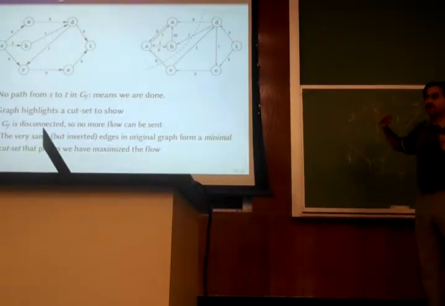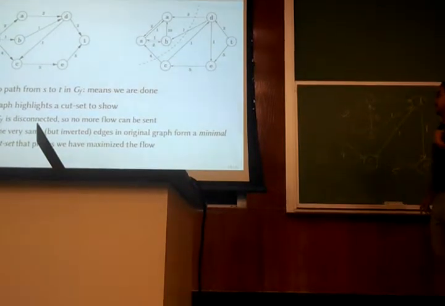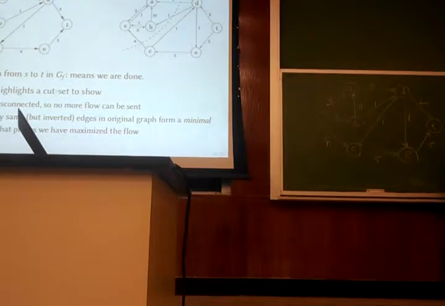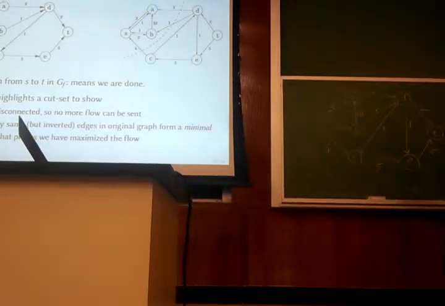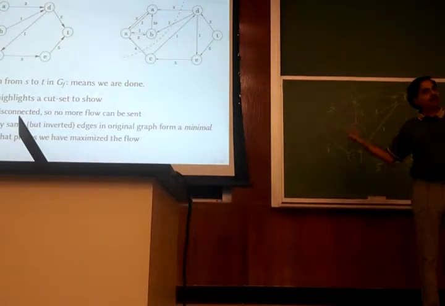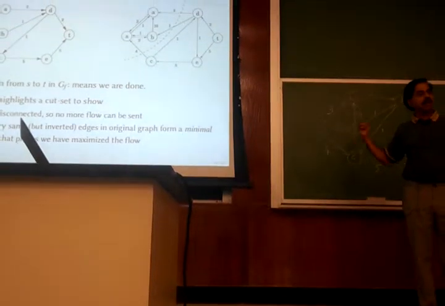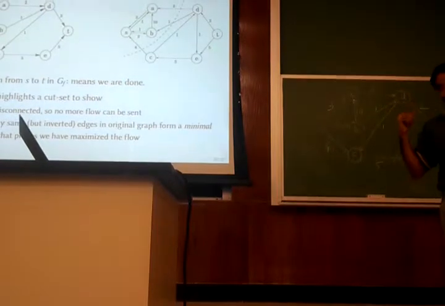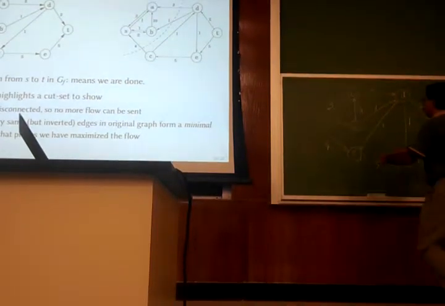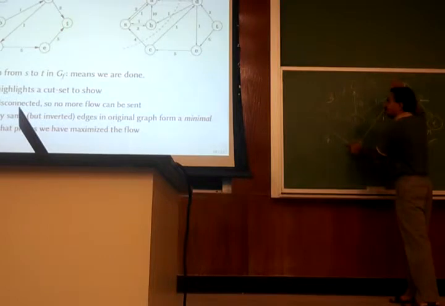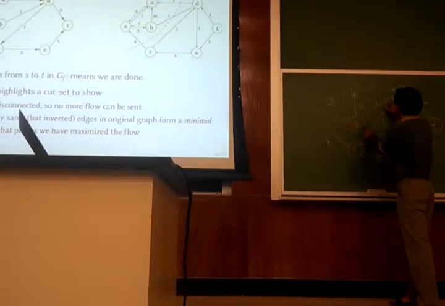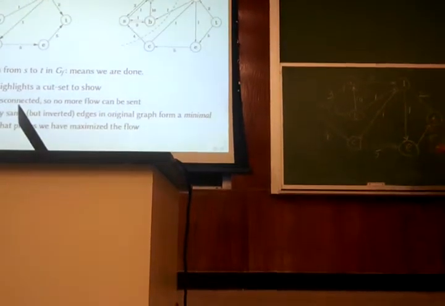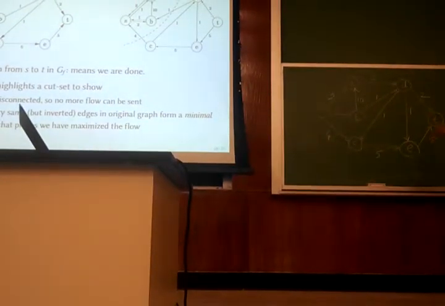So if you do a depth first search from S, the only nodes you can get to in the residual graph are S, A, and B. And the reason why you cannot go forward from any of these vertices is because every edge that was in the original graph out of these, this edge and this edge, all of them are at full capacity. That's why in the residual graph they don't exist.